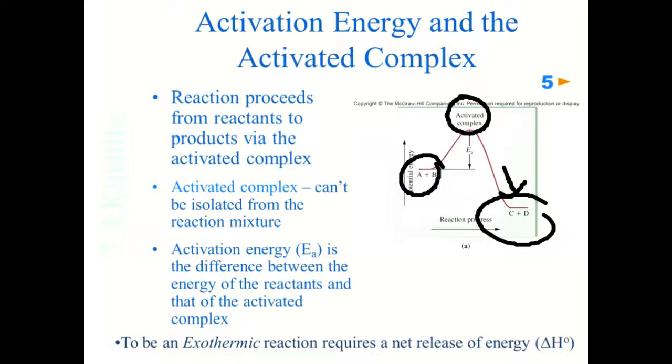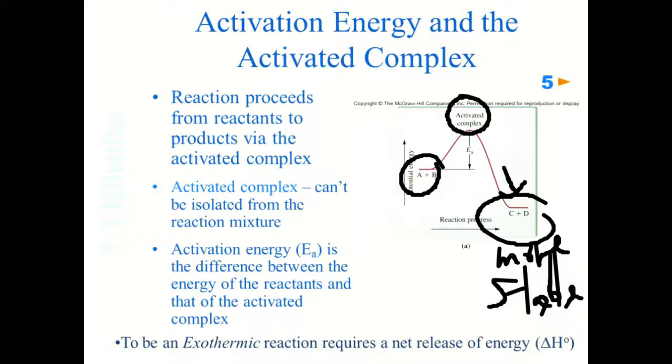Well, if C and D were more unstable than A and B, it would never form. So remember, in chemistry, lower energy means high stability. Low energy means high stability. And so C and D are more stable than A and B. That is why it is going to happen on its own.